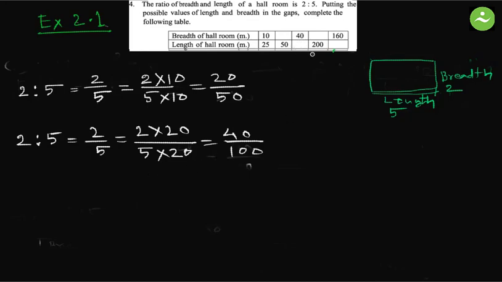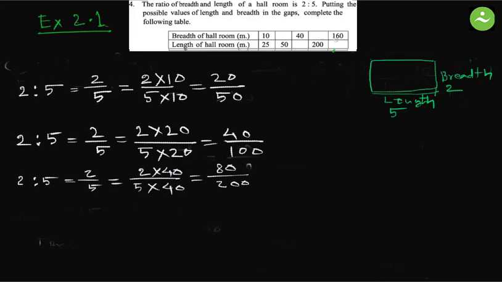Next, the length or the second number is 200. Let us start from the ratio. 2:5 equals to 2 by 5 equals to, means the denominator has to be 200. How we do that? We multiply by 40. So multiply 2 also by 40 so that the value doesn't change, equals to 80 by 200. So we got the answer. This is 80.